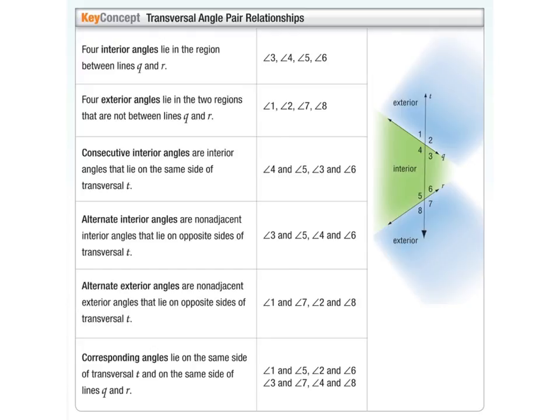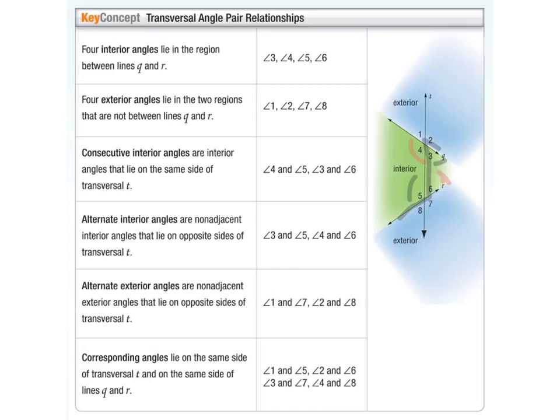Alternate interior. This is the first time we've come up against that, and this is where you look at how things go. So for instance, if I drew that, alternate would be angle 3 and angle 5. Subsequently, angle 4 and angle 6 are alternate interior angles, and we will be doing a lot more of these a bit later on.